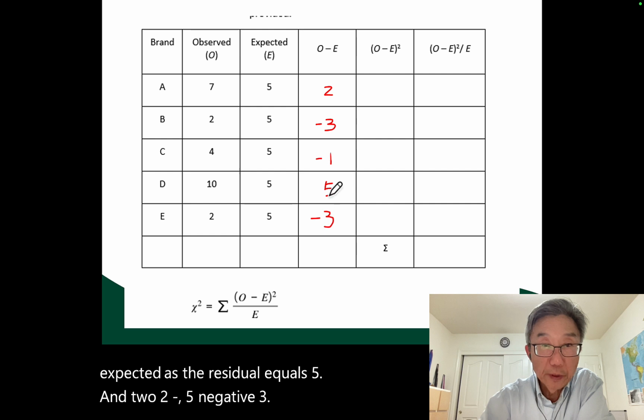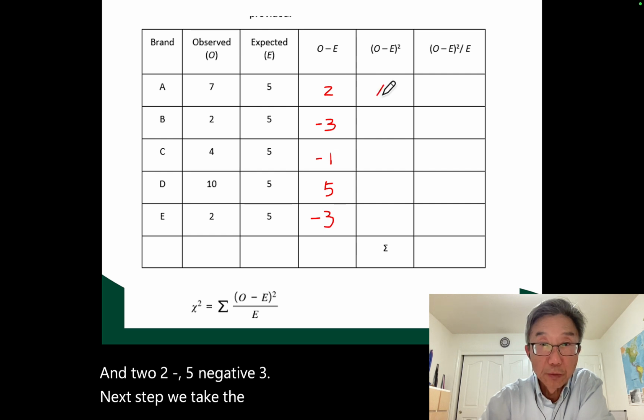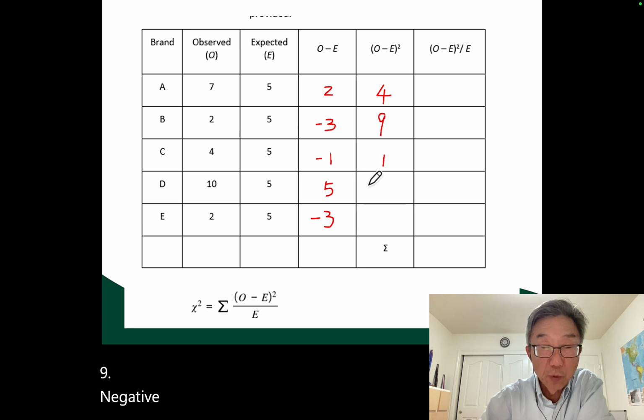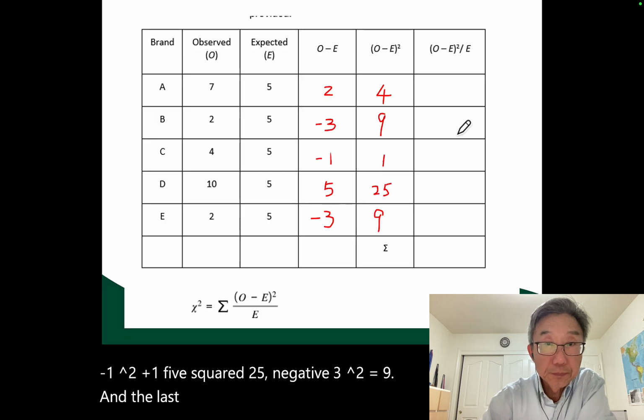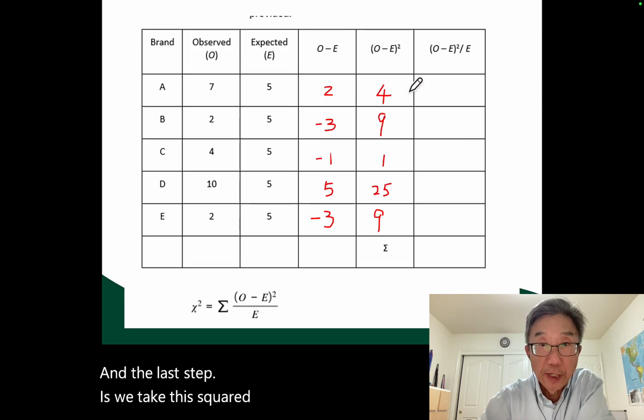Next step, we'll take the square of the residual. So 9, negative 1 squared is positive 1, 5 squared is 25, negative 3 squared equals 9. And the last step is we take this squared portion divided by expected.